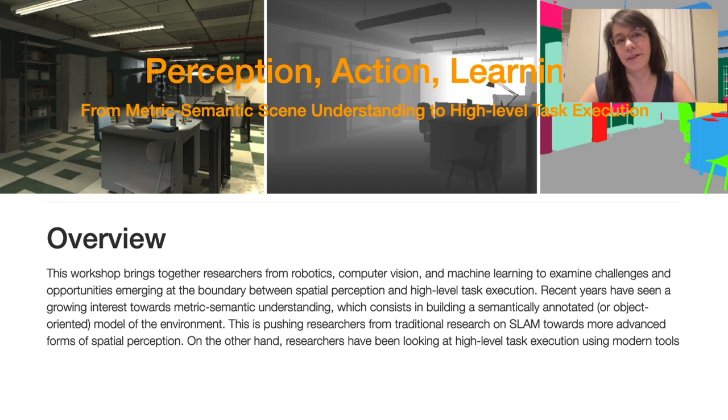Up till now, I have talked a lot about perception and action in manipulation tasks, and I showed you a real-time tracker that can track 60 object poses despite large occlusions and model uncertainty. And I've also shown you high-level task execution, but I haven't shown you any learning yet.